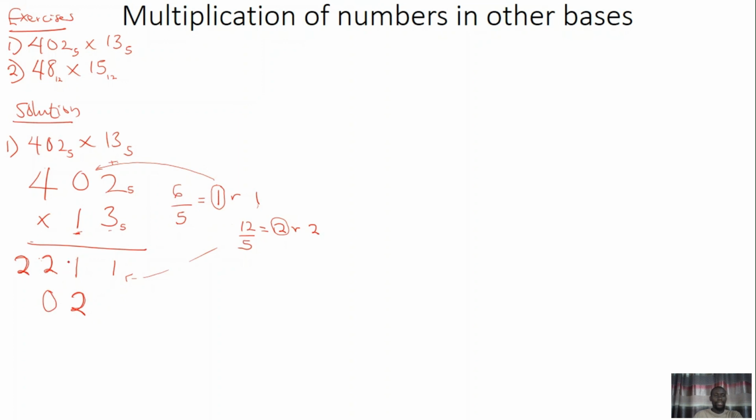Now the next digit that we are going to take care of is 4. 1 times 4 is equal to 4. And because 4 is less than 5, we are not going to do what we did for 3 here. So therefore 1 times 4 is equal to 4. So we're just going to write it here, 4.